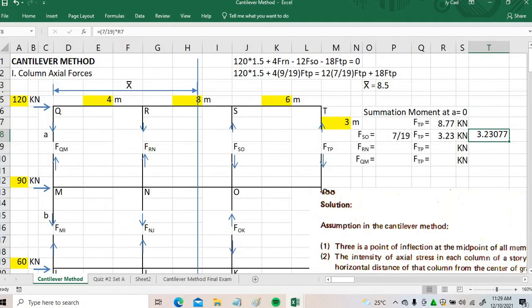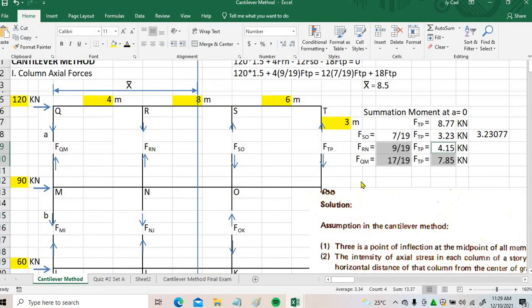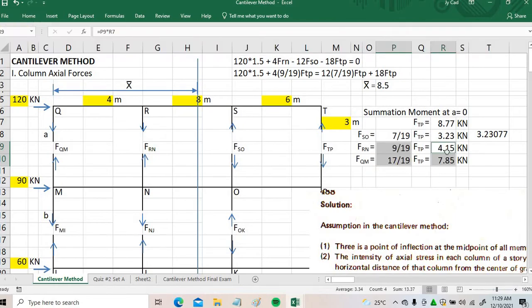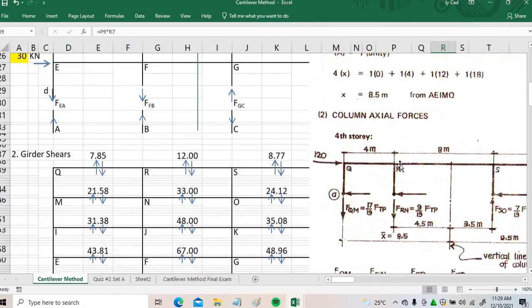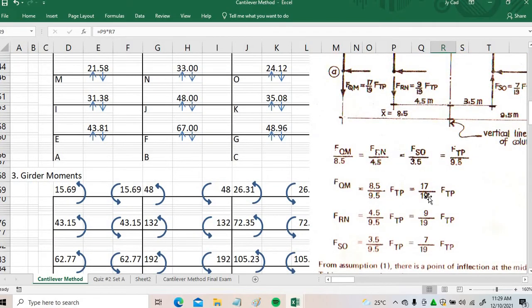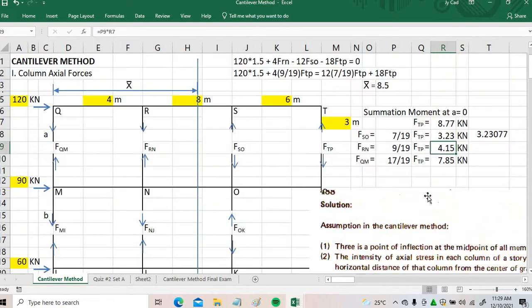Yan. Next, FRN and FQM. FRN is 4.15, FQM is 7.85. FQM is 17 over 19, which is this. Okay? Yan. And then, so tapos na tayo sa column axial forces.